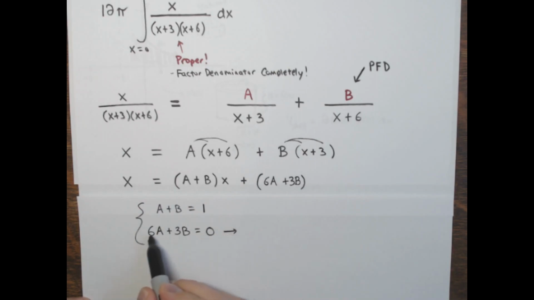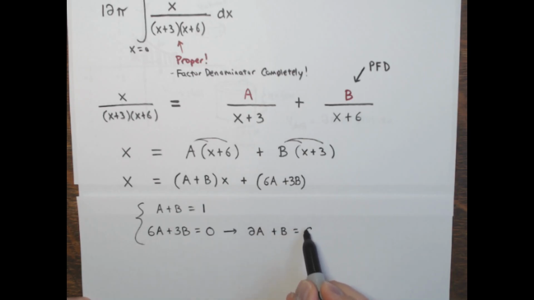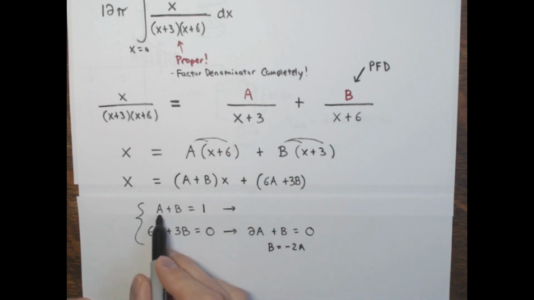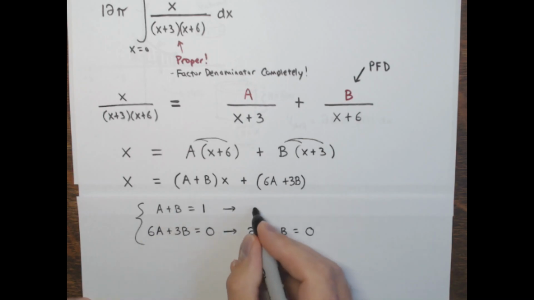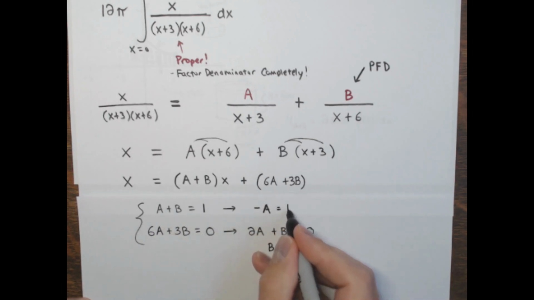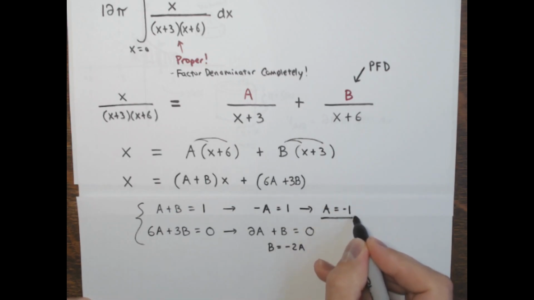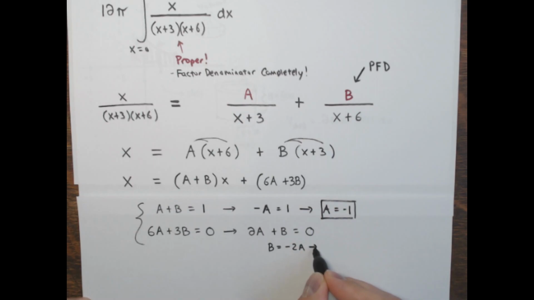Now, if I divided everything by 3 here, this is the same as 2a plus b must also be 0, right? And that tells me that b must be the same as negative 2a. And if b is negative 2a, a plus negative 2a would be negative 1a, must be 1. And so a must be negative 1. And if a is negative 1, from the b equals negative 2a thing, b must be positive 2.